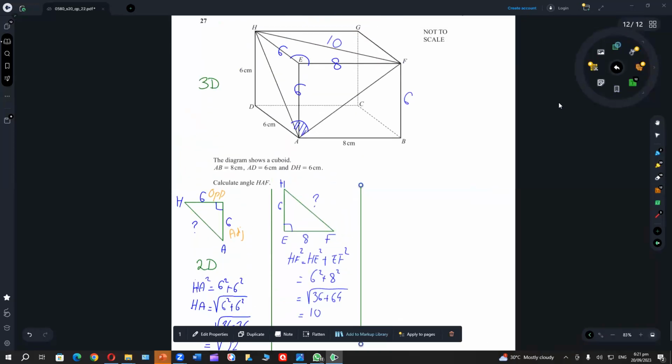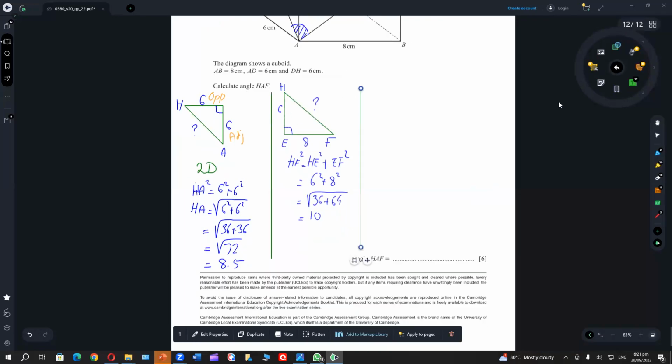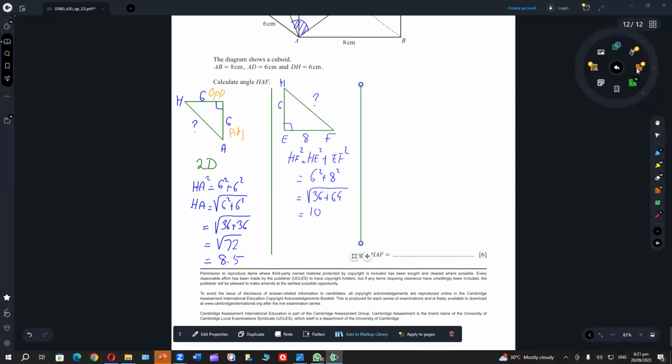If I look at this triangle AFB, yes, I put 10 as well.